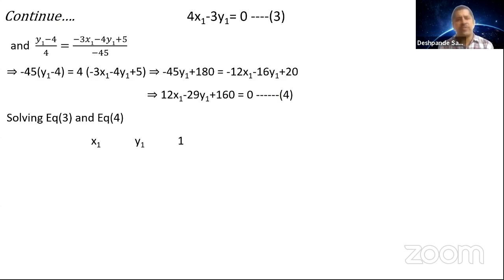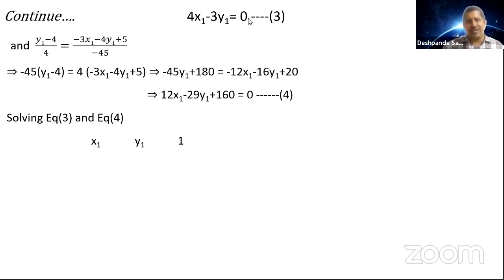So tell me the values of x1, y1 from this. So how is it you do it? First, coefficient of y, constant term, coefficient of x, and coefficient of y. So you got 2, 3, 1, 2 order. So 2 is here, minus 3.